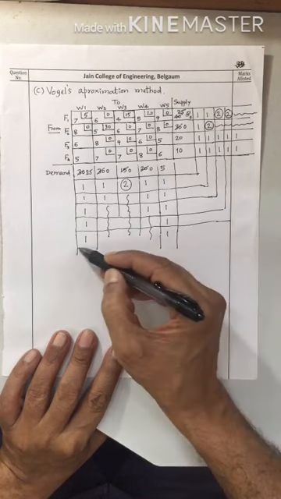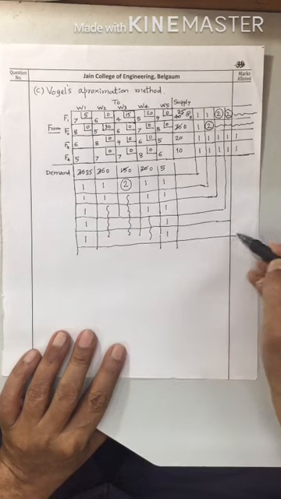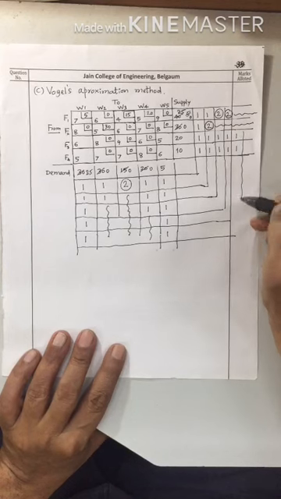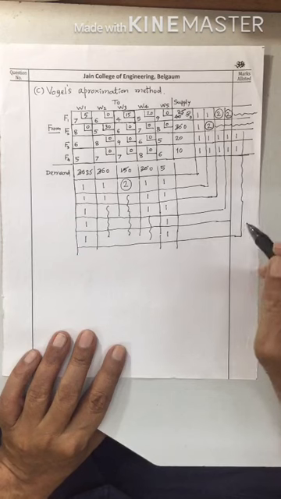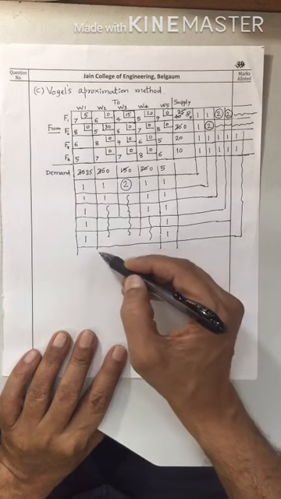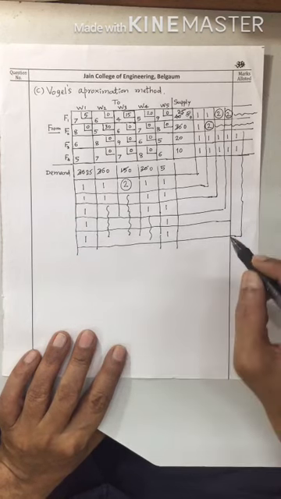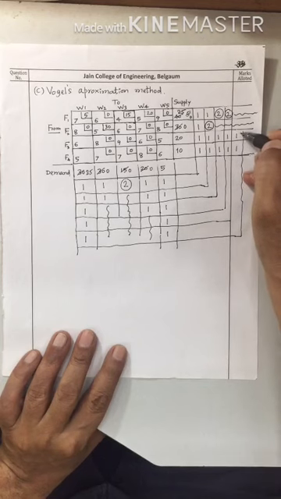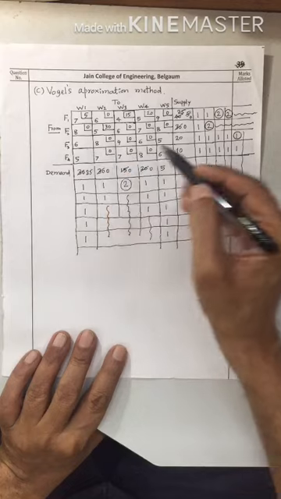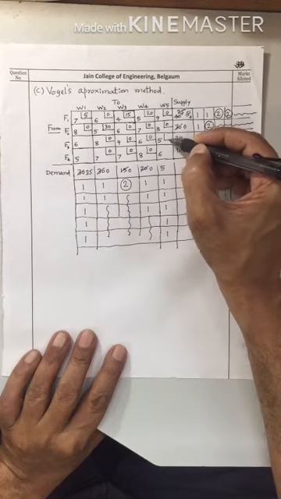So therefore the penalty for all the rows and columns is the same, and that is 1. Now you have to break the tie by choosing randomly any one. Suppose I choose F3, and therefore in this row the least cost cell is this cell.